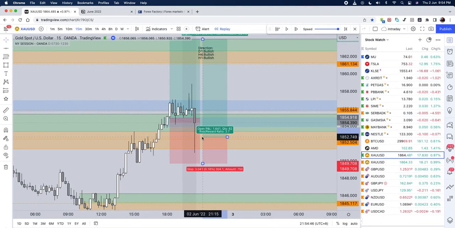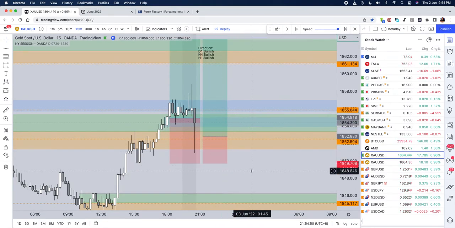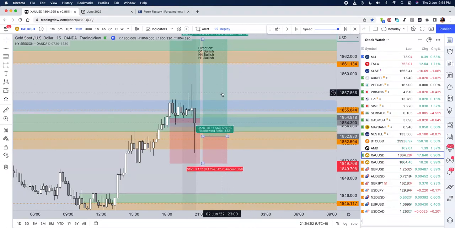Yes, I remember it, 15275 here. So this is the trade, and if this goes to take profit, it's gonna give me $350.